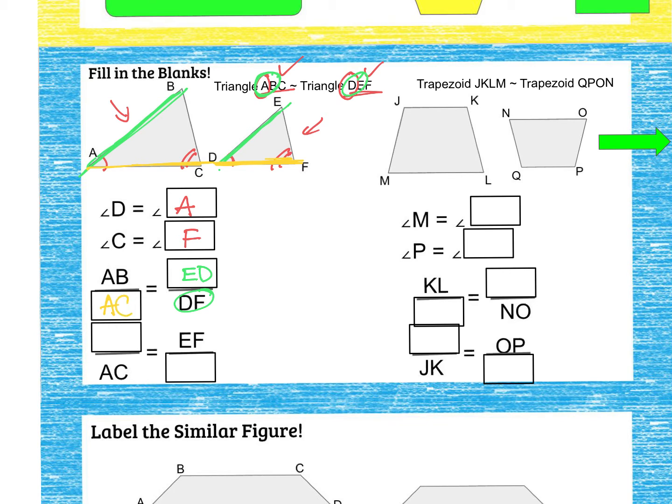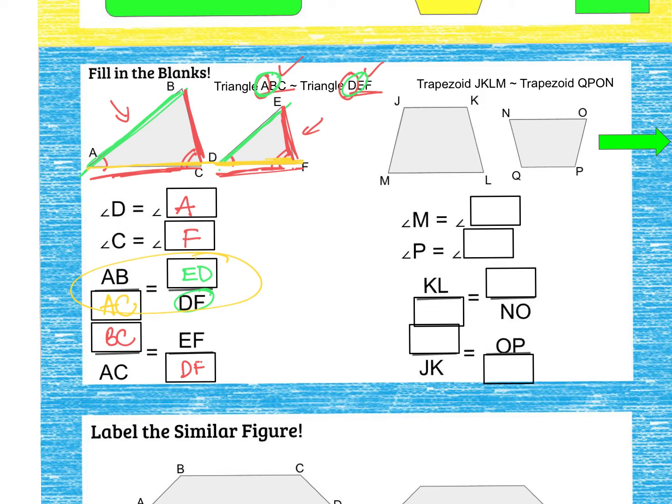So we have a proportion. All right. Next one, we have EF, which I'm gonna color red. EF will go with BC. And we have AC, which is the yellow one. On this side, AC will go with DF.